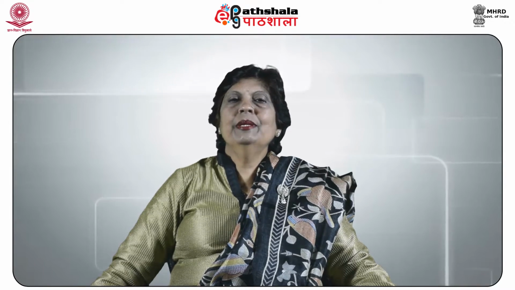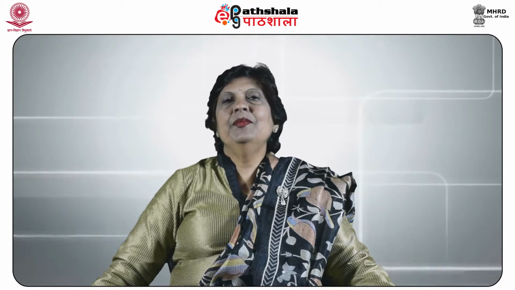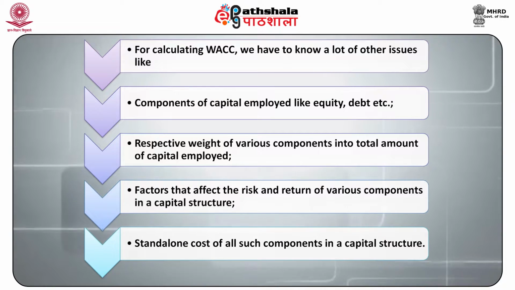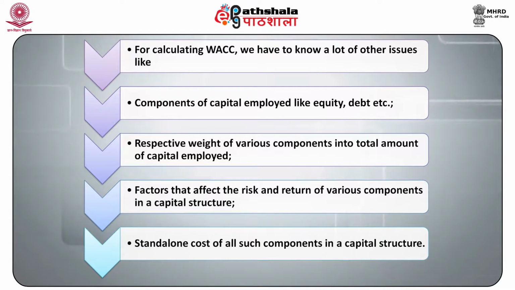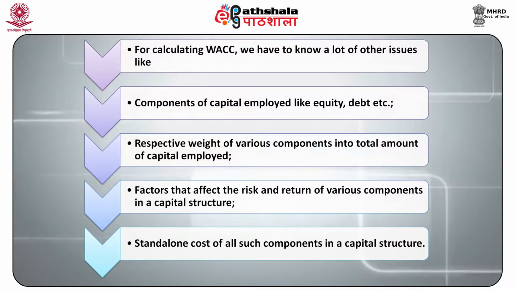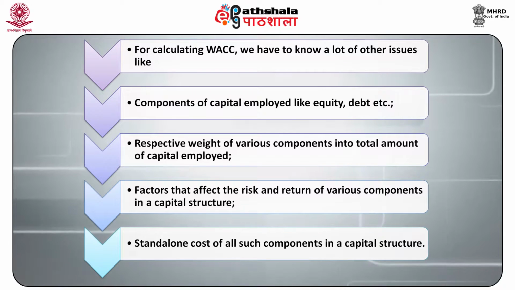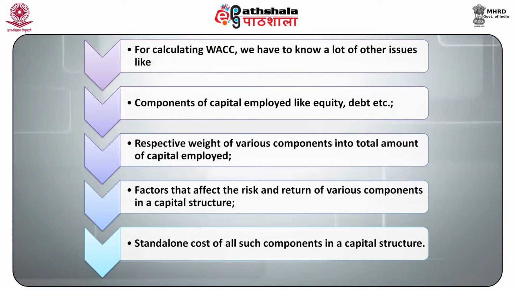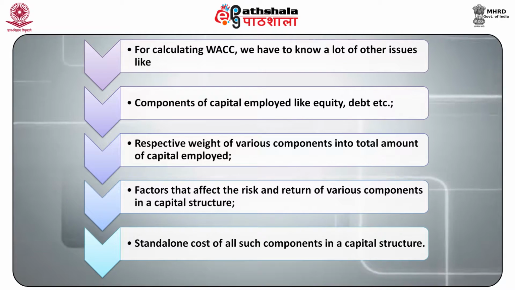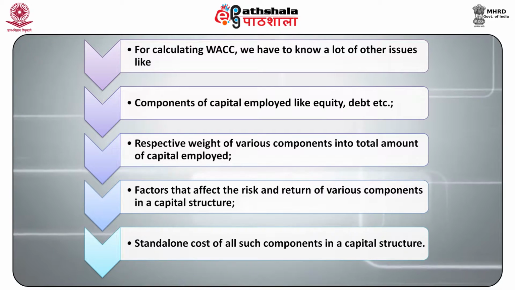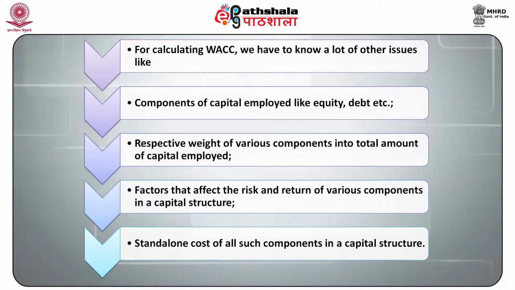A more common and simple method is weighted average cost of capital. For calculating weighted average cost of capital, we have to know a lot of other issues such as number 1, components of capital employed like equity, debt, etc. Number 2, respective weight of various components in the total amount of capital employed.